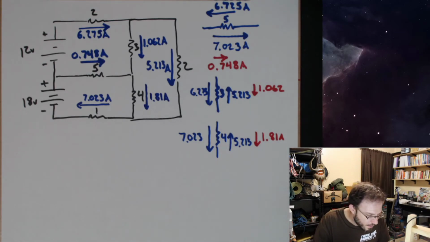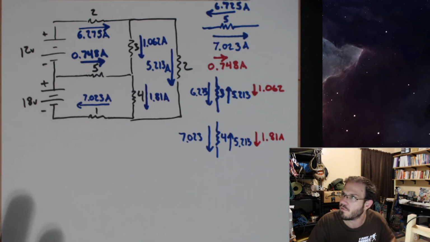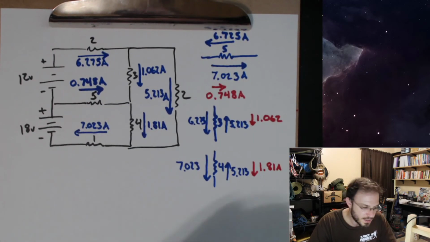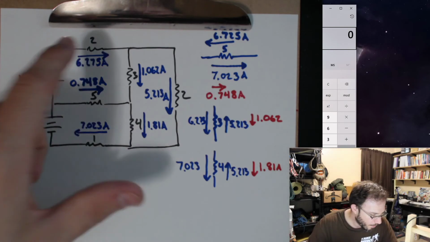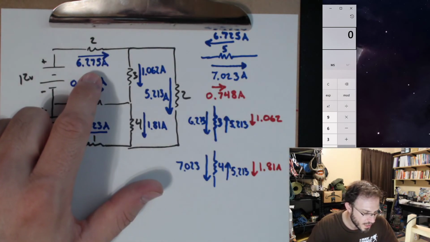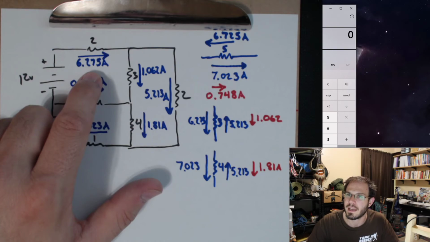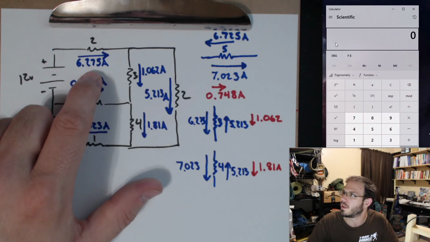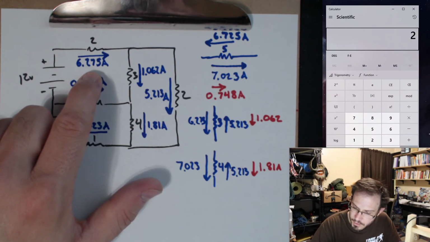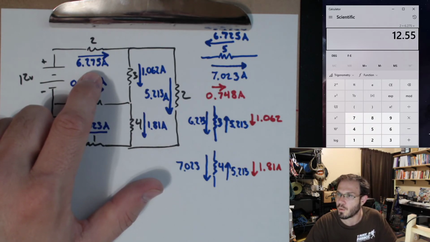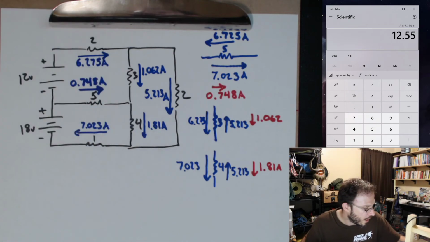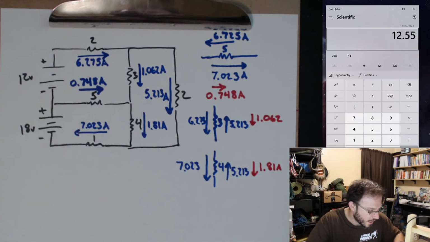We now have everything that we need to finish up this circuit. If you want to go ahead and find out what the voltage drops are for all of these components, why not, let's do a couple of these. I have 2 ohms with 6.275 going through it, so 2 times 6.275. I always enjoy more Ohm's law practice. I feel like there just isn't enough, right?